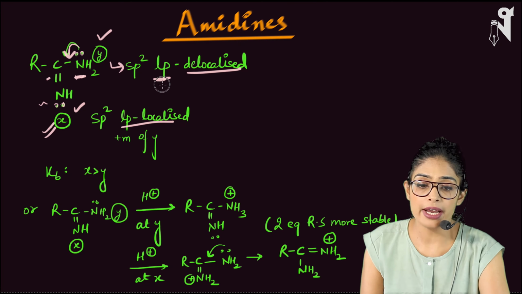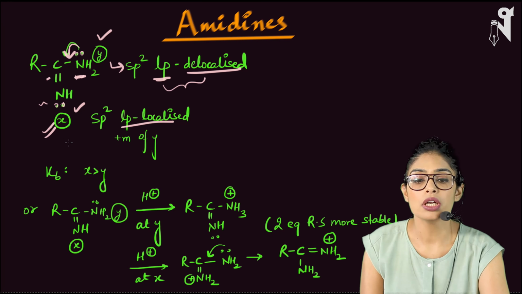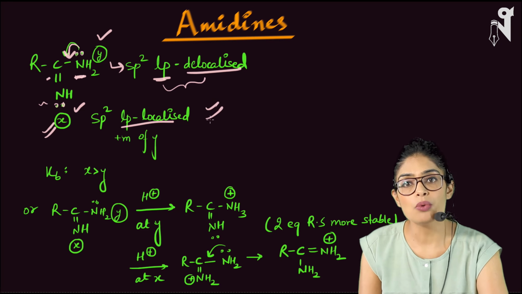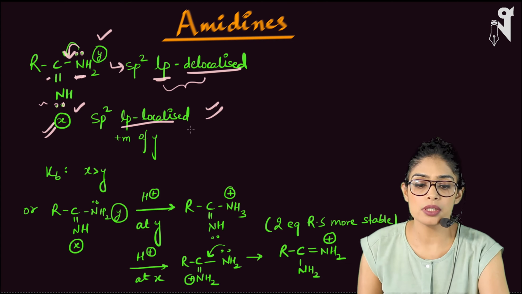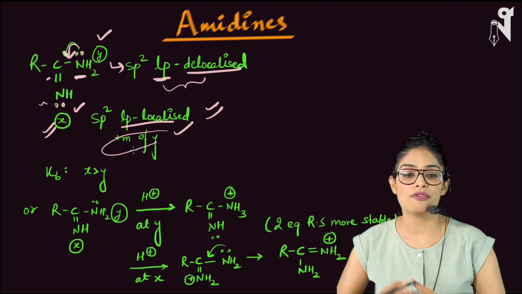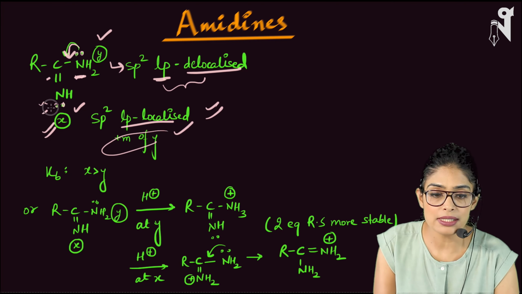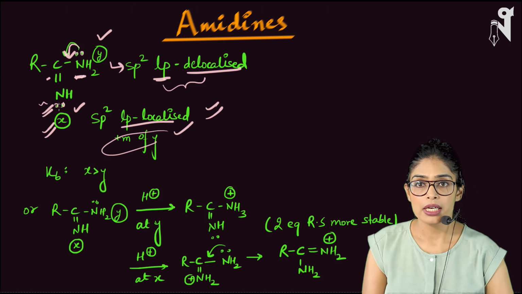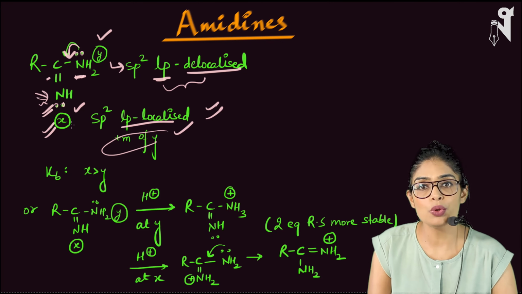Definitely your Y has a delocalized pair of electron, whereas your X has a localized pair of electron. Localized one should definitely be more basic than your Y. Why? Two reasons. One is the localized lone pair, second is plus M. Plus M means donating effect of Y is coming on the nitrogen here. So this nitrogen has a localized pair plus some electron density coming from Y, which is making this nitrogen very electron rich, and hence this X should be more basic than Y.